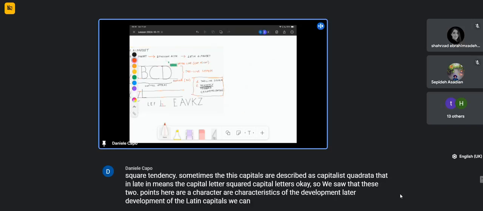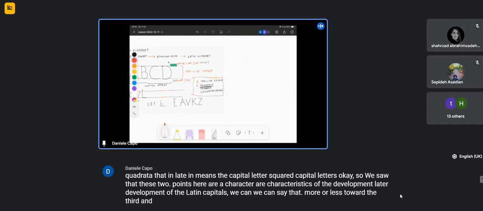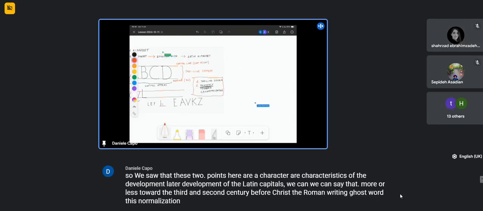We can say that more or less toward the 3rd and 2nd century before Christ, the Roman writing goes toward this normalization process. And we can so describe the so-called epigraphic capitals.